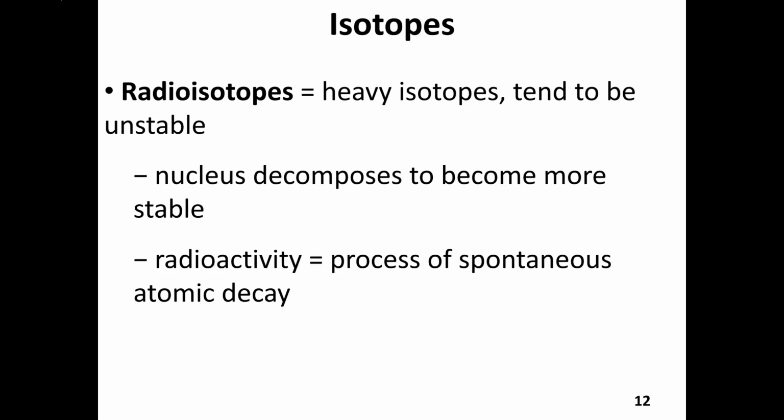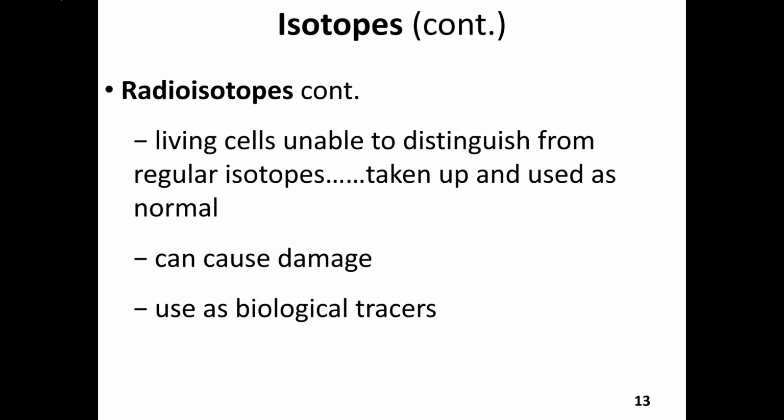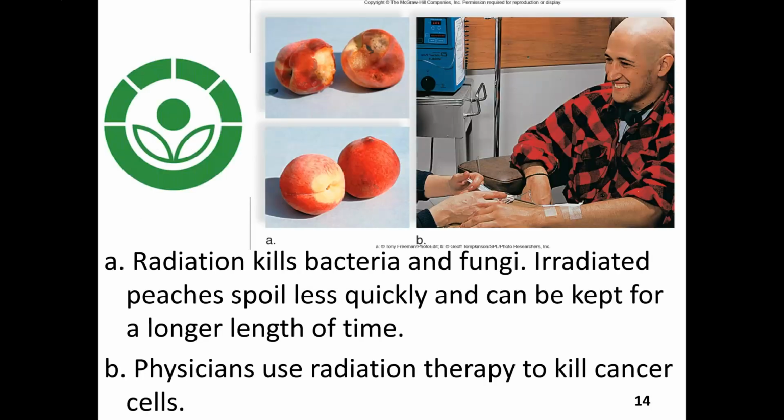So they can be radioactive for a period. Living cells can distinguish regular isotopes from radioactive isotopes, and this can cause different problems and can be damaging. It can also be used as a biological tracer for different materials in research.